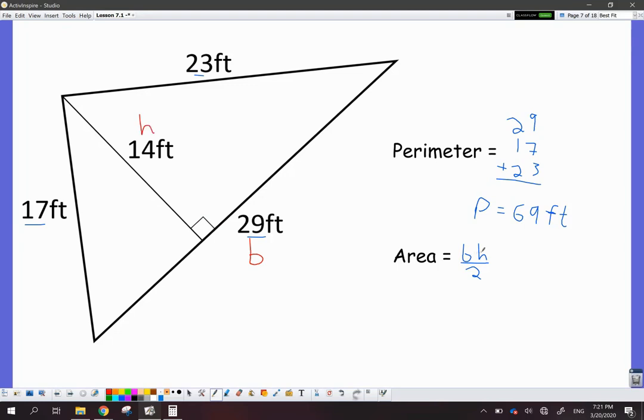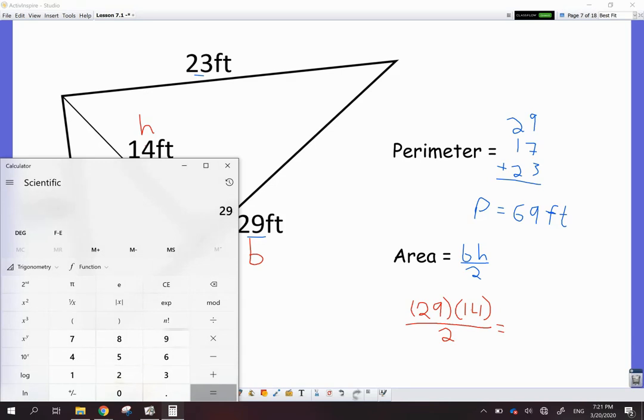So I'm going to plug it into my formula here. My base is 29. So I have 29, I'll put this in parentheses. I'll put the height, 14, in parentheses, divided by 2. So if I multiply 29 times 14, let's take a look. 29 times 14 is 406.